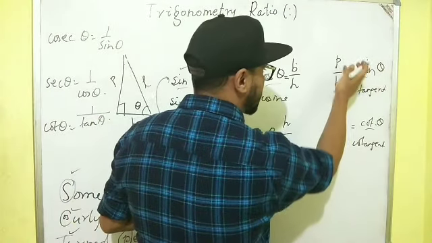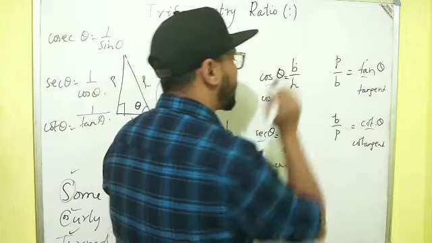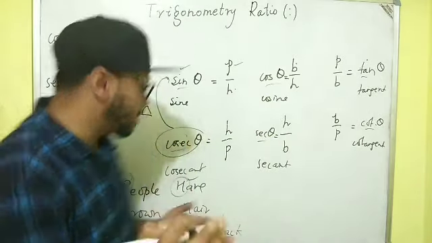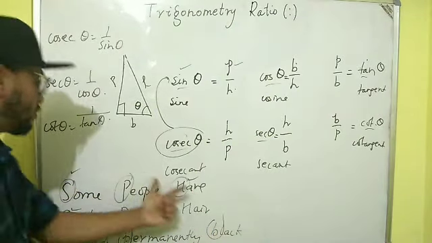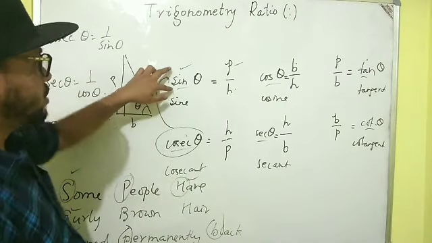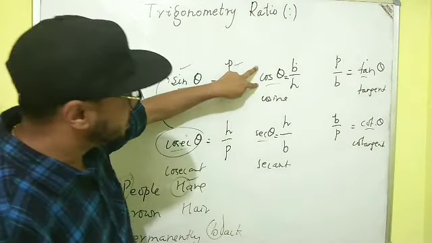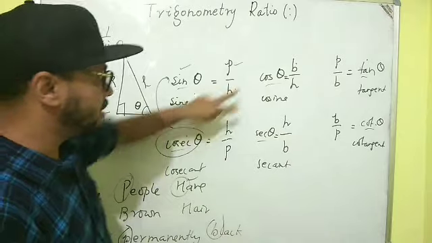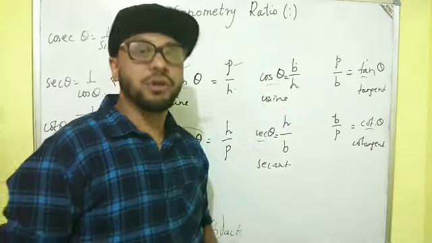If this is P by B, then cot will be B by P. So remember this: some people have curly brown hair turned permanently black. The reciprocal of sine is cosec, cos is sec, and tan is cot.